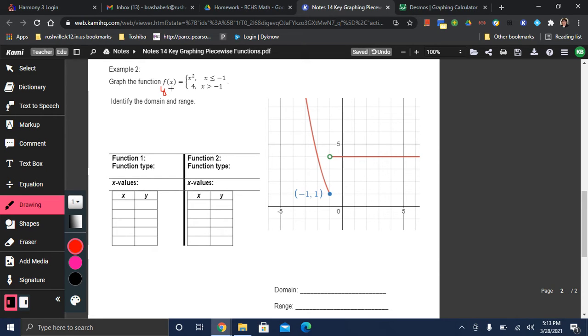So we have y equals the first one, x squared. And since it has an x with an exponent, this is a quadratic. And the graph of a quadratic is a parabola.